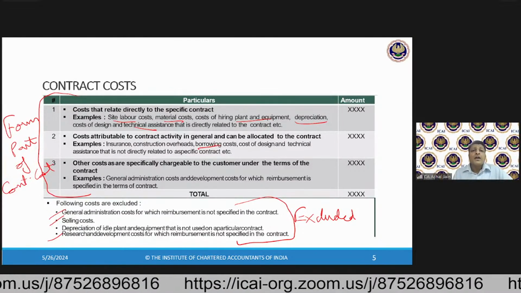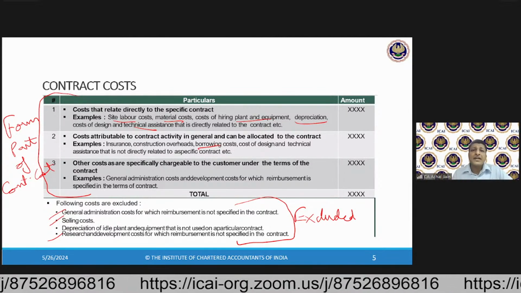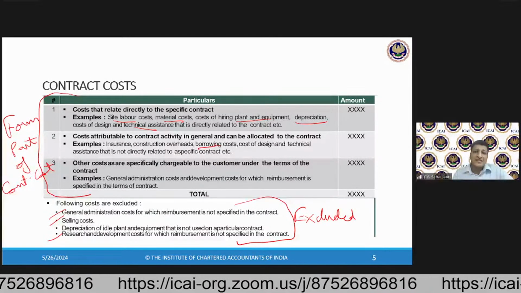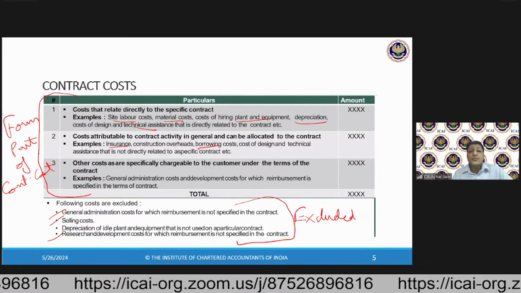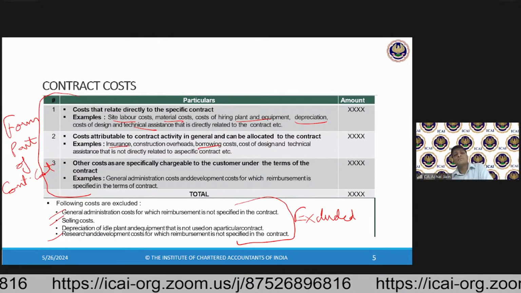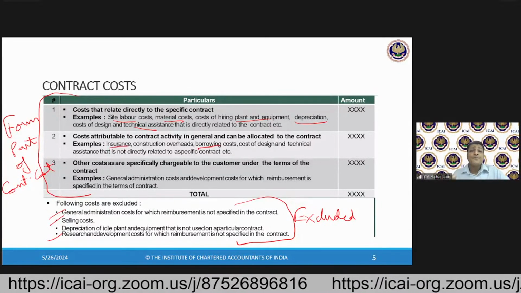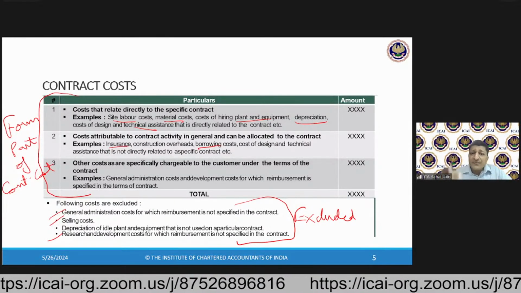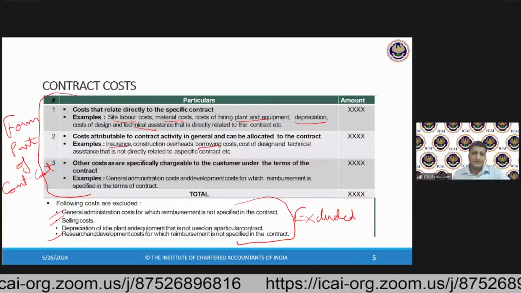If insurance has been taken in respect of that project, in respect of that asset which is getting constructed, so insurance cost. If there is any other cost, it could be in relation to miscellaneous costs which are specifically contributing to the construction of that particular asset.